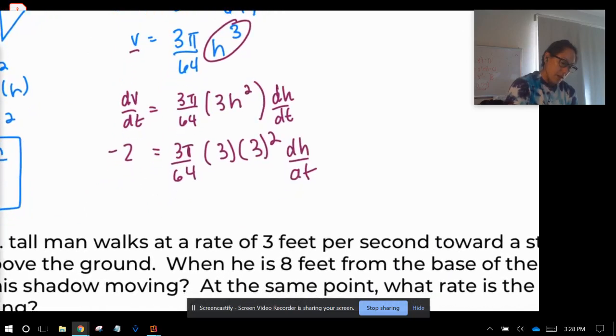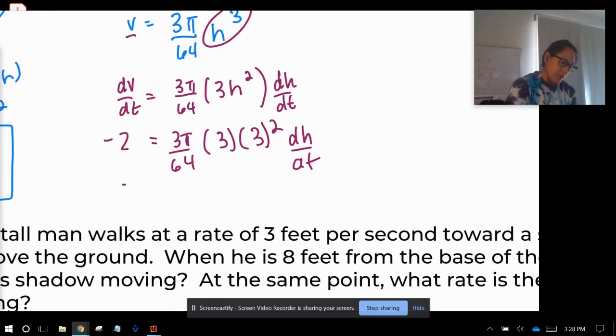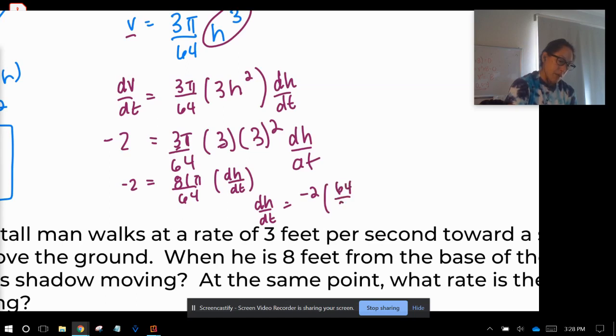All right, when I solve, I get -2 is equal to, let's see, 3 times 3 times 3 times 3 is 81 pi over 64 times dh/dt. So I get dh/dt is equal to -2 times 64 over 81 pi, which is equal to, let's get ourselves a calculator. 2 times 64 over 81 over pi.